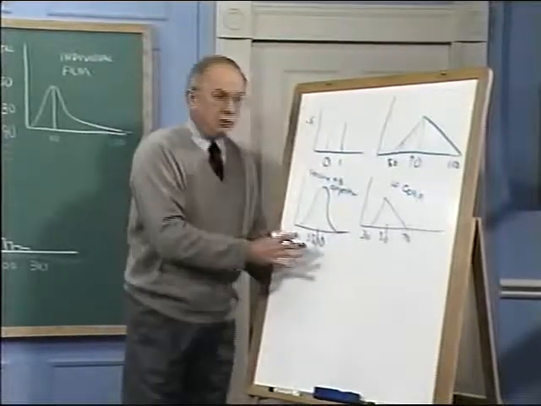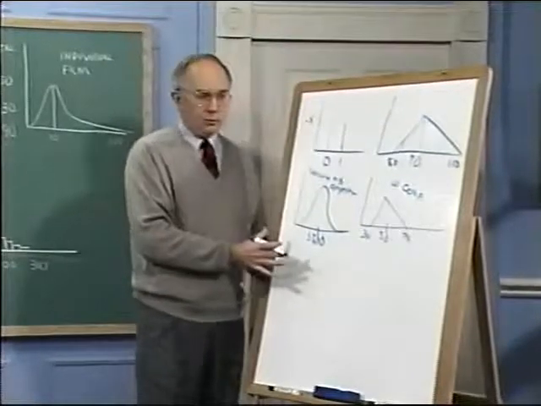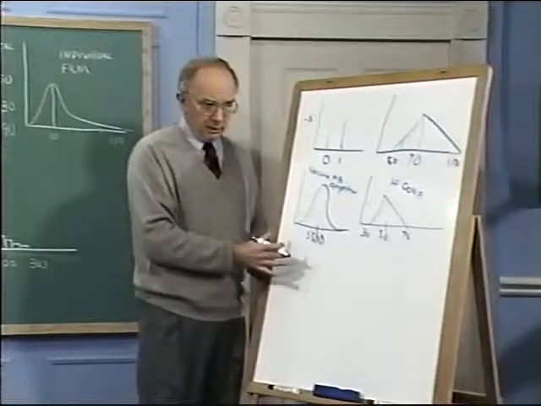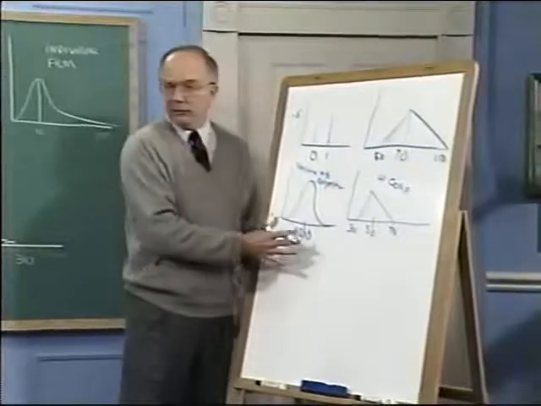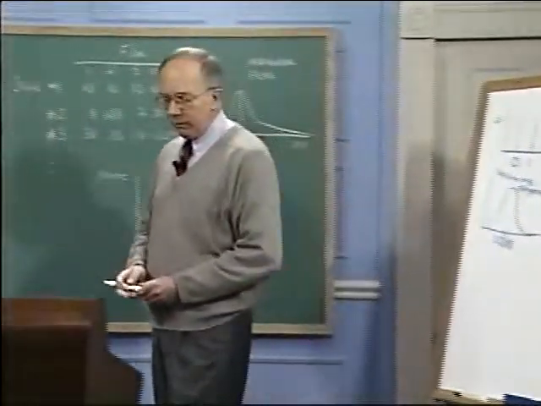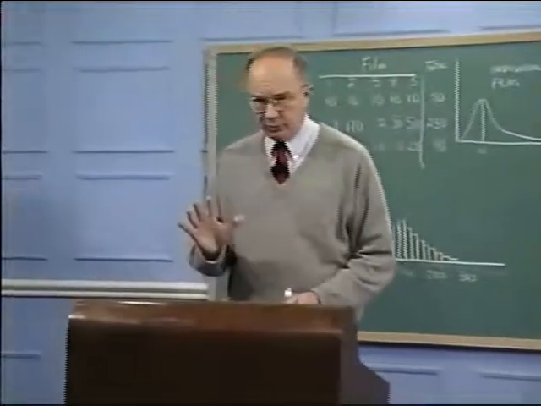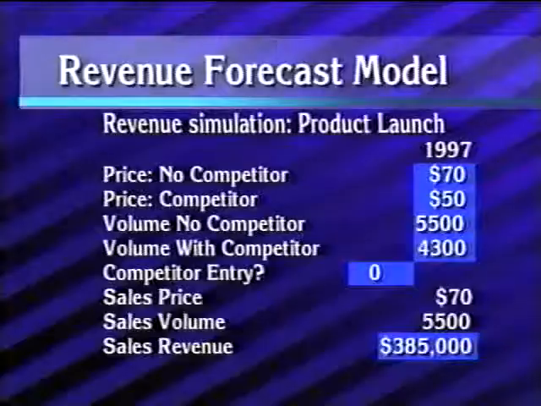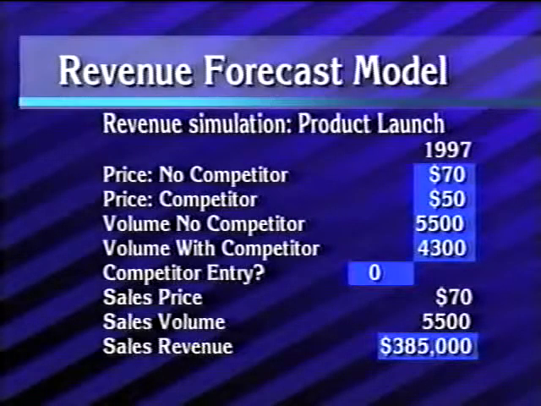Now, I may also have a similar normal distribution associated with the model if the competitor indeed comes into the market. So how this revenue forecast model is set up, so that you see what's occurring, is that there is a price with no competitor that is an assumption. That assumption is a normal distribution, or is a triangular distribution such as I've modeled.